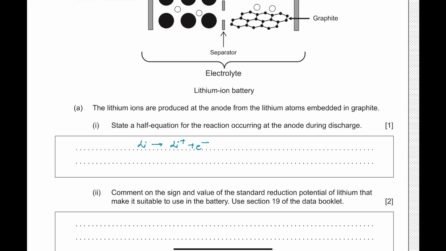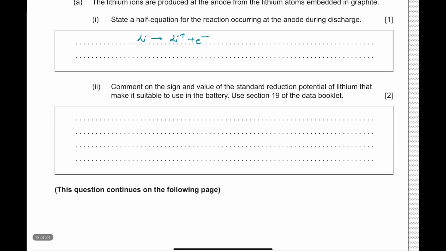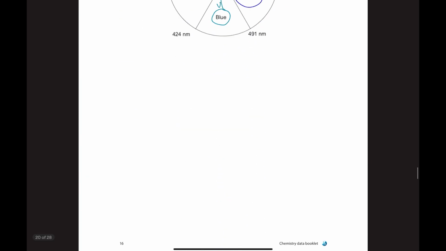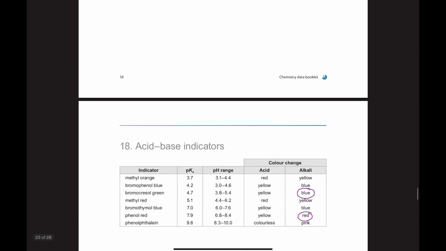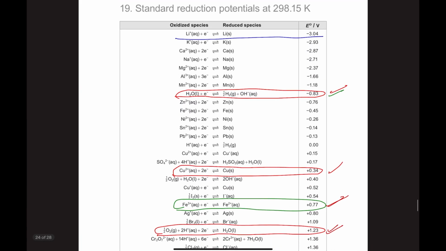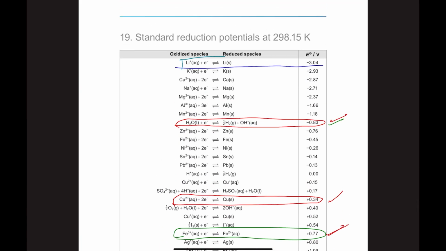Comment on the sign and value of the reduction potential of lithium that makes it suitable to use in the battery, using Section 19. Section 19 probably gives you the E0 values. Yeah. So if you check, lithium is exactly at the top of the table, right? So Li+ has the highest negative E0 value. That means the reverse reaction is highly spontaneous. Li can easily oxidize to form Li+, so it is one of the best reducing agents.